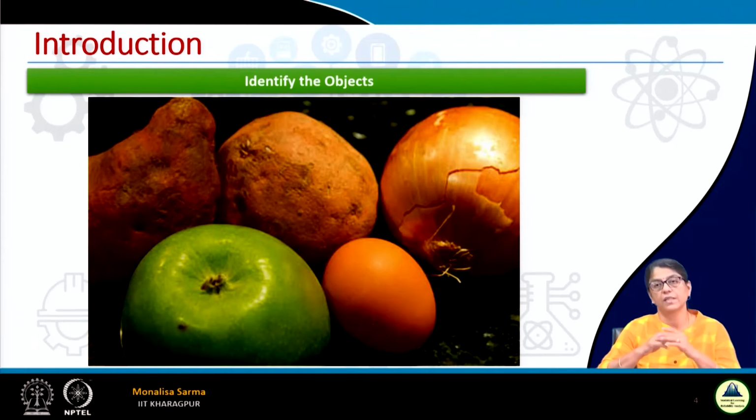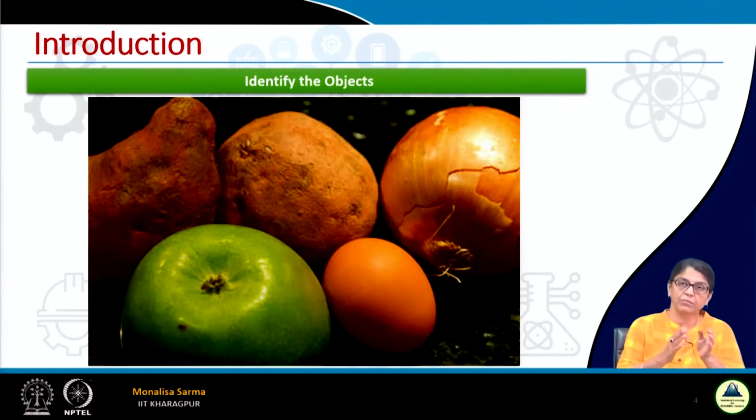All these objects have some characteristics, some features or parameters or attributes, whatever you say. Each class has some distinguishing features. When I call it an onion and when I call it a potato, each has some distinguishing characteristics, which we call features. Based on these features, we try to classify the objects: okay, this is an onion, this is a potato, this is an egg.